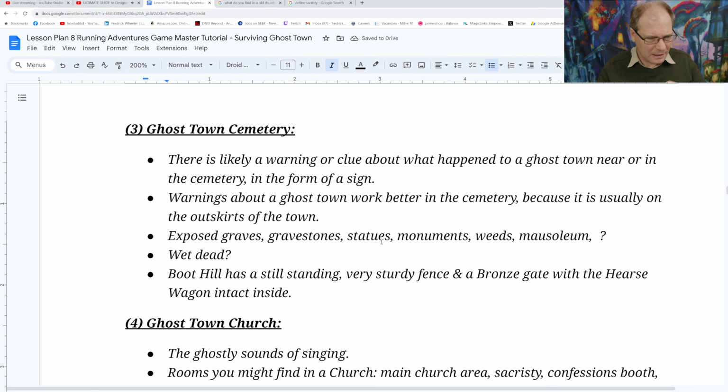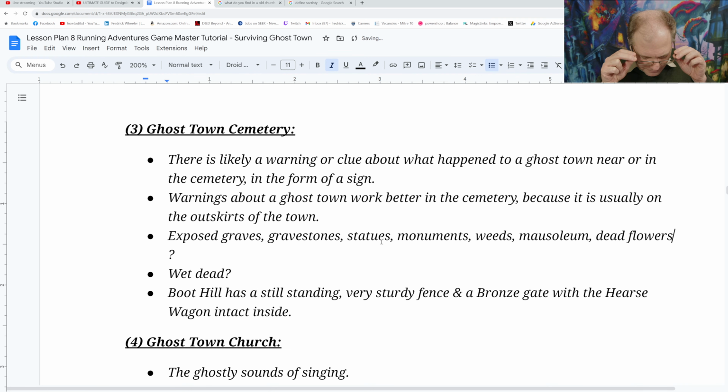I'm going to say dead flowers. Every time I go into a cemetery, there's urns with dead flowers everywhere. Urns, flower pots, on pedestals.